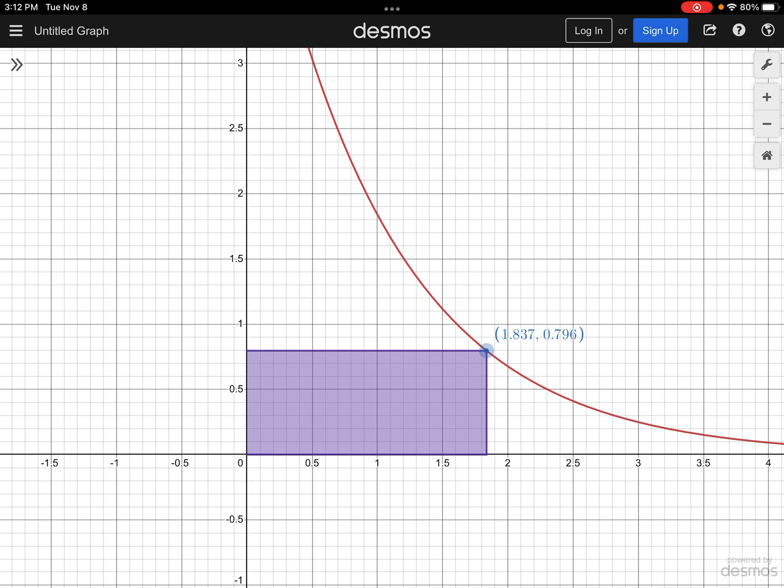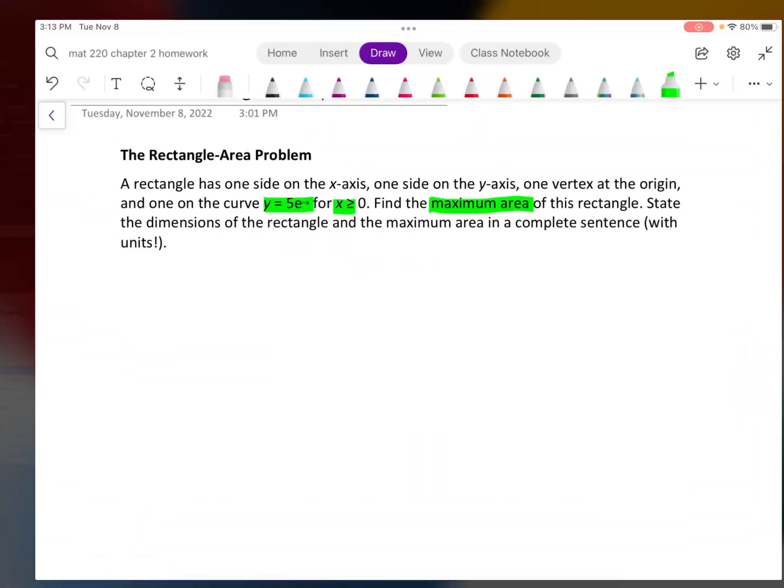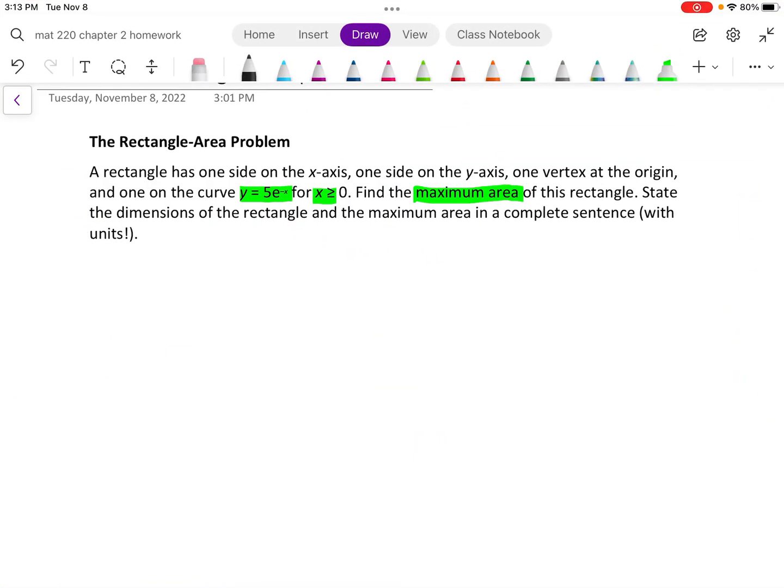A good thing to notice is that the rectangle's dimensions are basically described by where that point is on my function. So I'm going to go back to my work page and draw myself a little sketch.